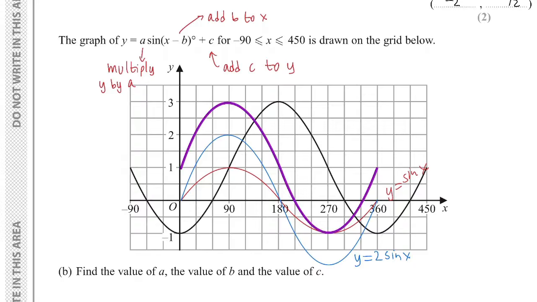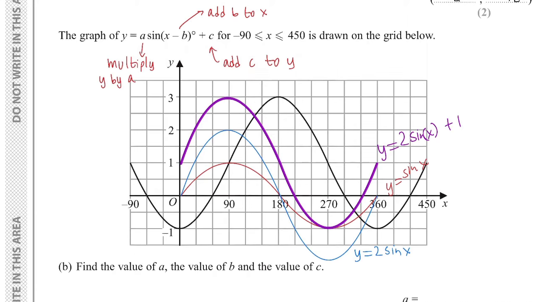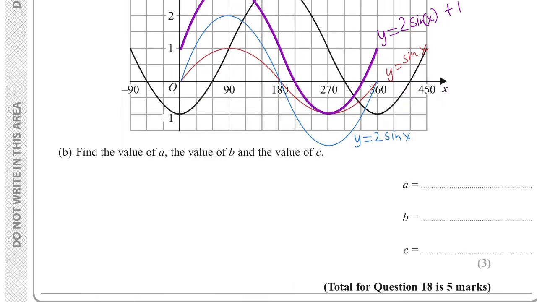So this will be the graph of 2 sine x plus 1. So we have a matching the maximum and the minimum, and so we can say that a is 2 and c is 1.